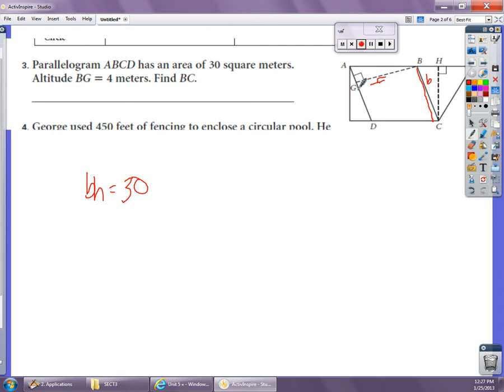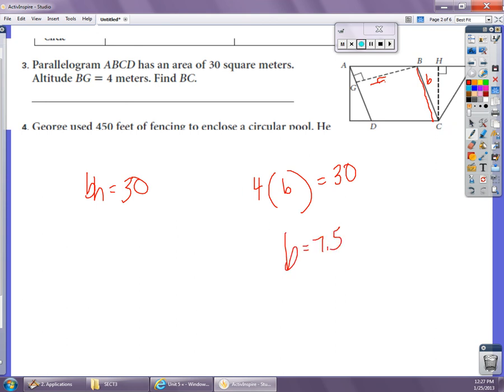Since the area of ABCD is 30 and this is 4, you can say 4 times what base is going to get you 30. You find that this side right here is 30 divided by 4, which is 7.5.